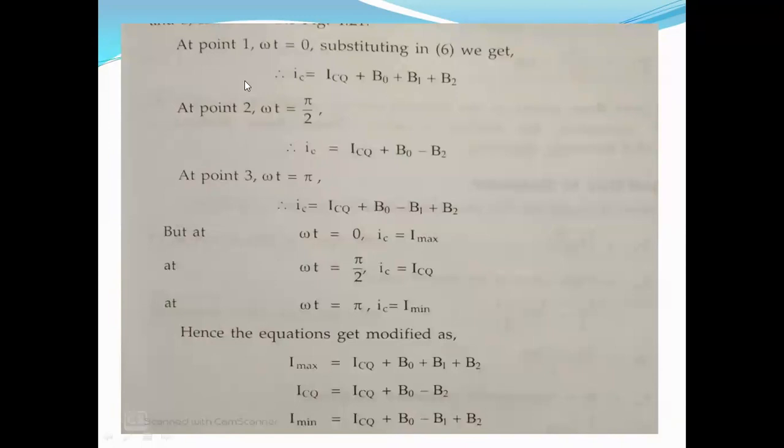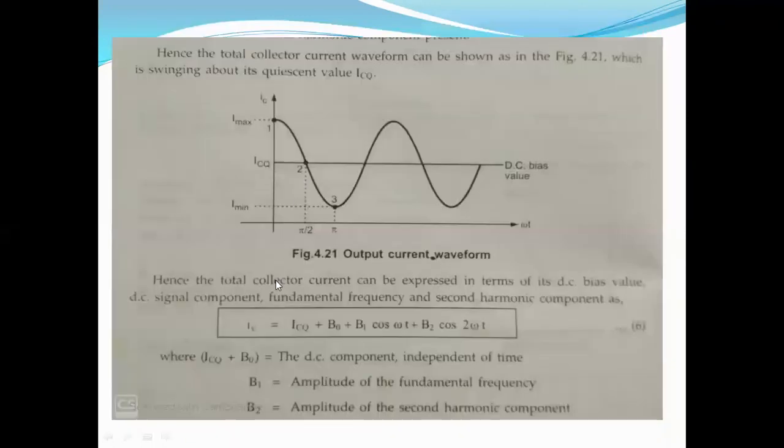Next, at point 2, omega t is pi by 2. Substitute pi by 2 in place of omega t in this equation. Small ic is equal to ICQ plus B0 plus B1 cos pi by 2 plus B2 cos pi.